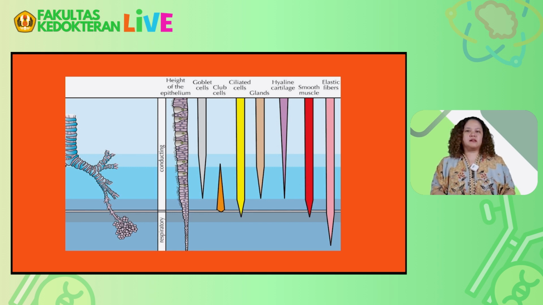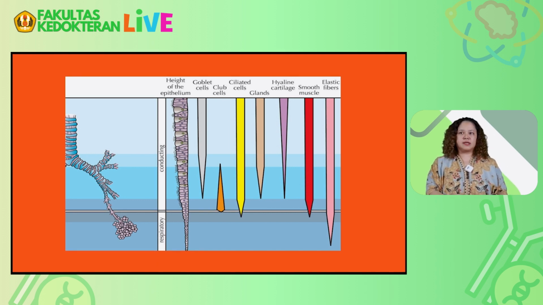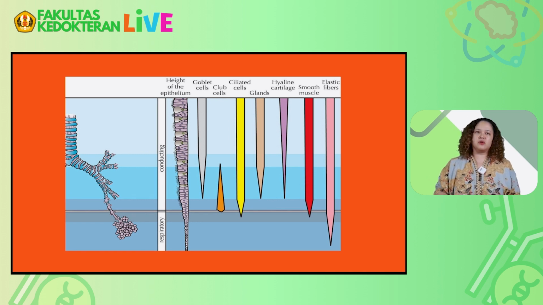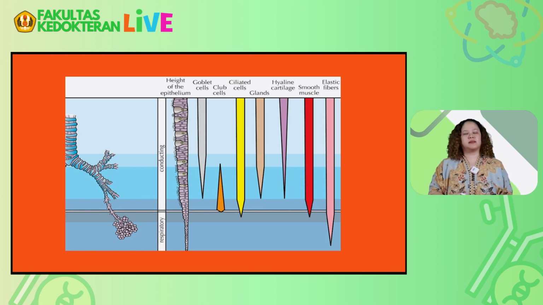The club cells are only found at the last part of the conducting portion, before the respiratory part. The ciliated cells, smooth cells, glands, and hyaline cartilage also become scarce and totally absent in the lower part. While elastic fibers can still be found, although thinner in the lower part.